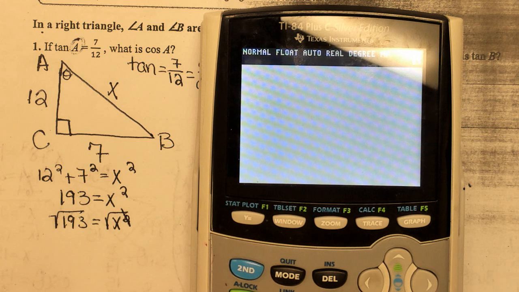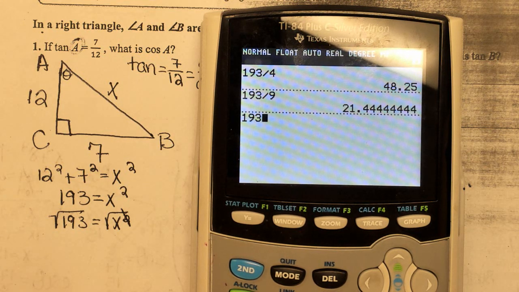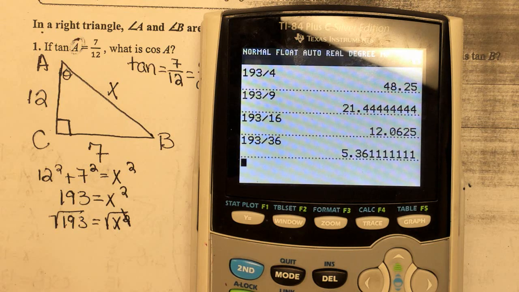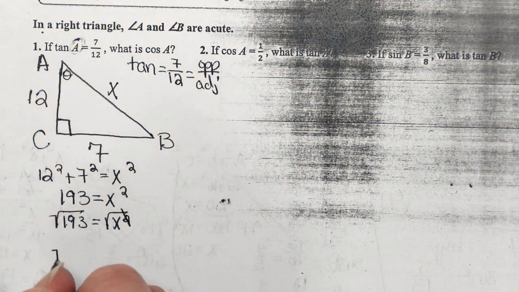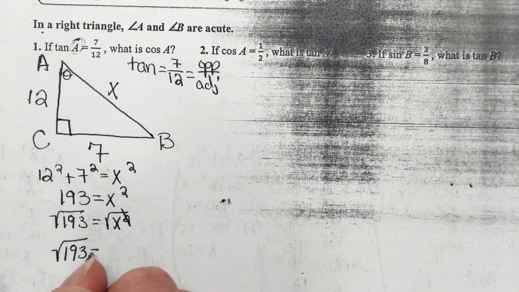Does it divide by 4? No. What was another one? No. 9. 9 doesn't go. What's another one? 16. 16 doesn't go. What's another one? Yeah, I know 25 doesn't go. What's another one? 36. Okay, so we're going to assume that nothing goes. So our answer is the square root of 193.